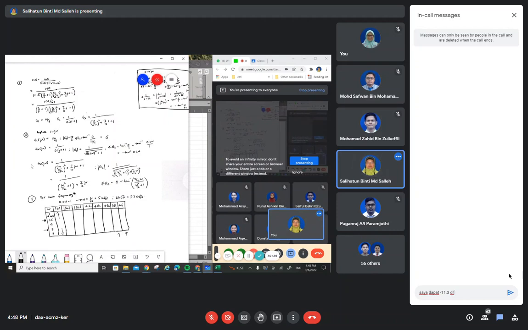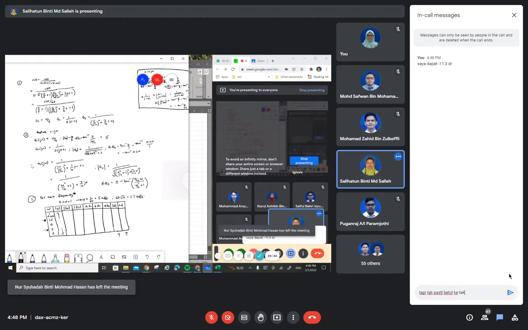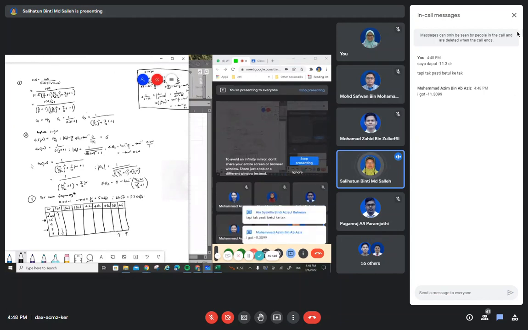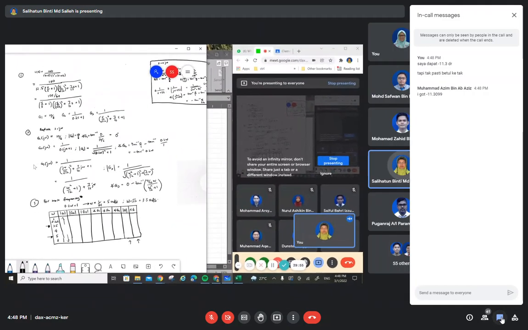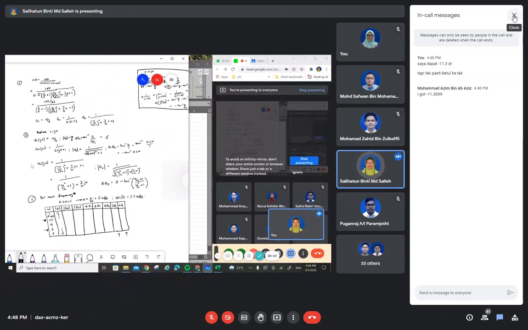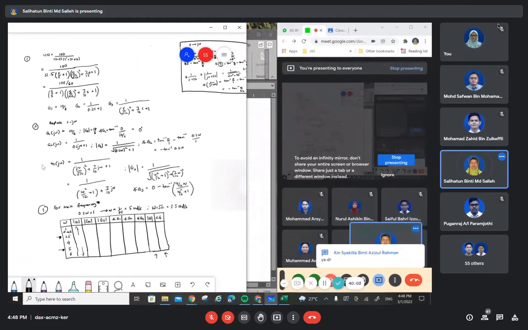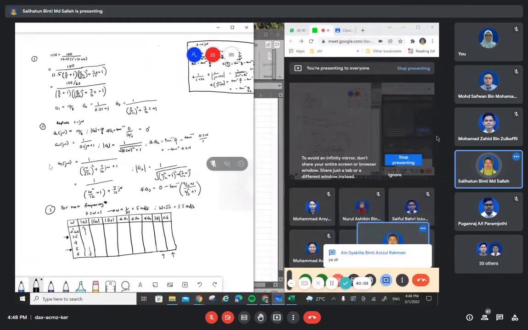Okay, using my calculator, 11.3. Correct. G2, yes, right. Negative 11.3. Your calculator will return that value, negative arctangent.